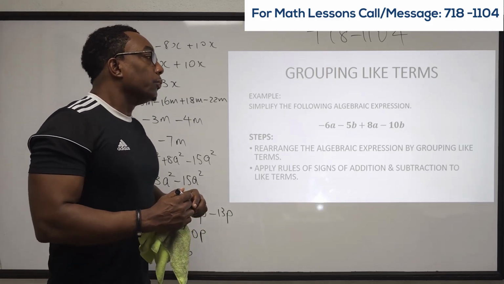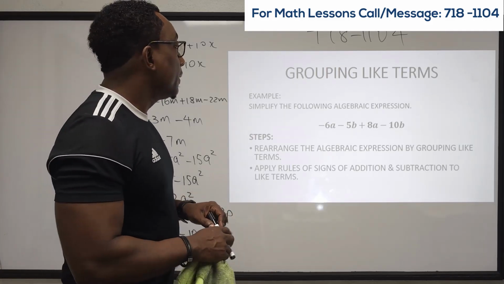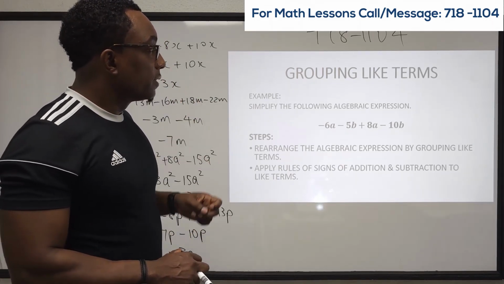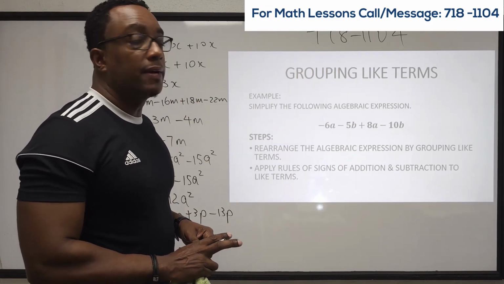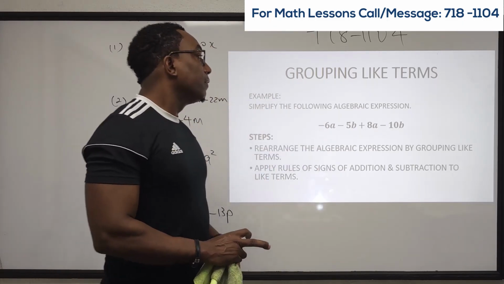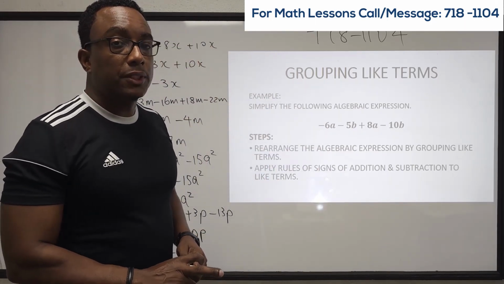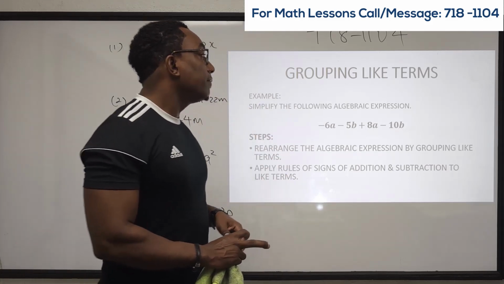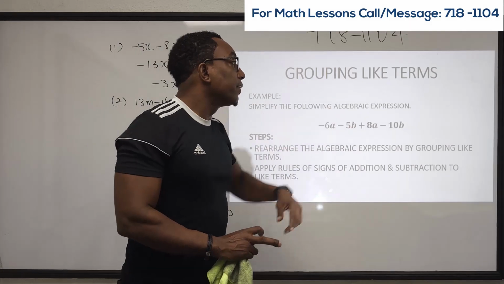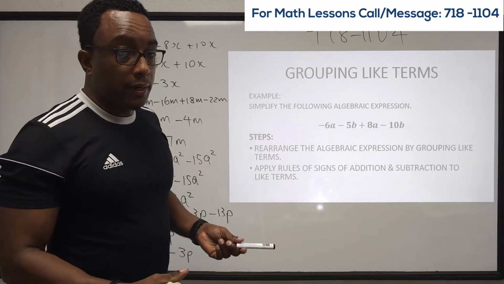Now, we can simplify algebraic expressions where we have different variables involved. So in this example here, we're seeing 4 terms in that algebraic expression, but 2 terms will have the variable a and power 1, 2 terms will have the variable b and power 1.